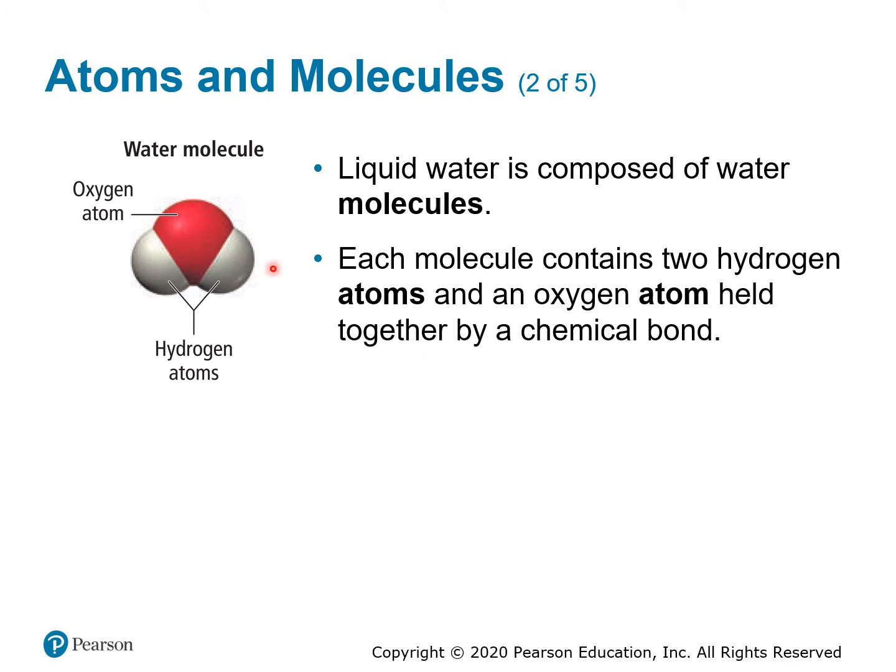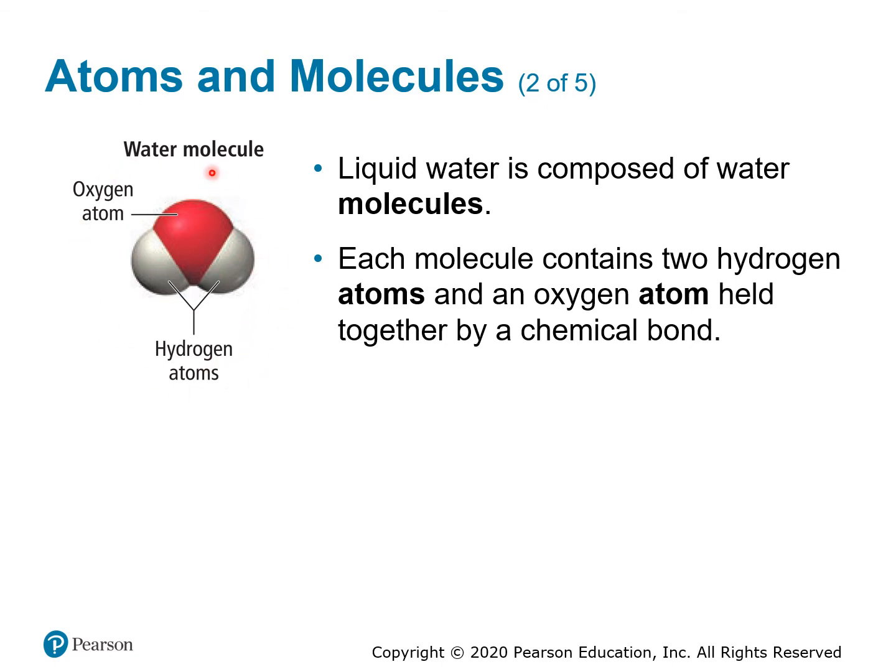So here is an example of a water molecule. This is a model of a water molecule, and the red ball here represents the oxygen atom, and these two gray balls represent the hydrogen atoms.